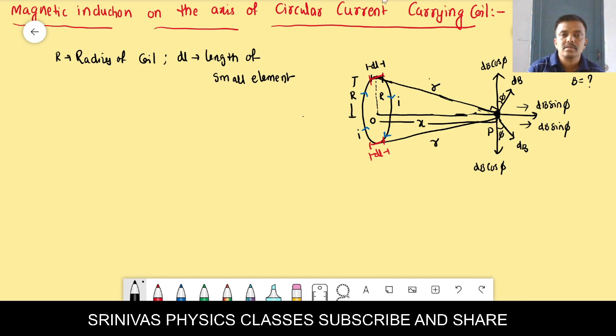Is the presentation appearing or not? The cursor is not appearing. I think in Microsoft it will not appear.